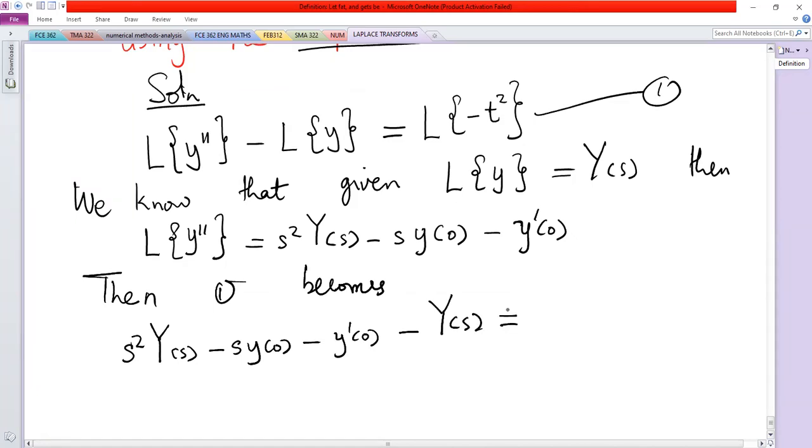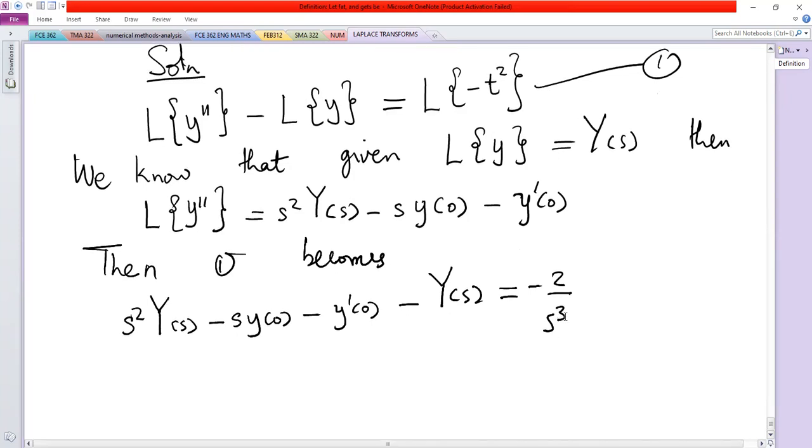Now using Laplace transform tables, you can find the value of the Laplace transform of minus t squared, or you can just directly work it out, and your answer should be minus 2 over s power 3.